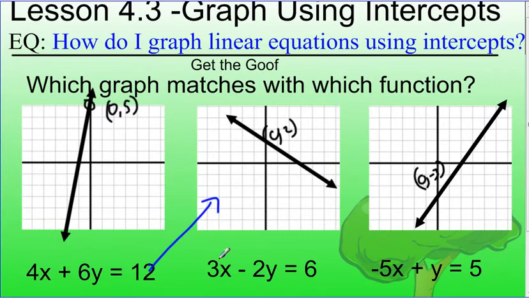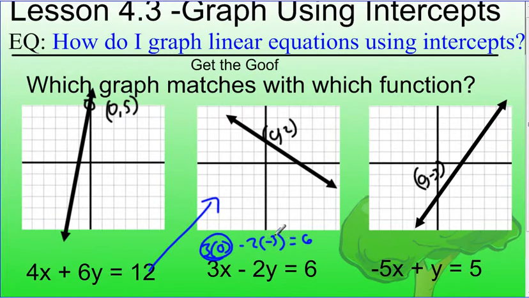Okay? So now for the second one, I'm going to check this point 0, 5 again. So 3 times 0 minus 2 times 5 equals 6. Well, that's 0. That's negative 10, so that does not work. If I plug in 0, negative 3, okay, so 3 times 0 minus 2 times negative 3: 0.